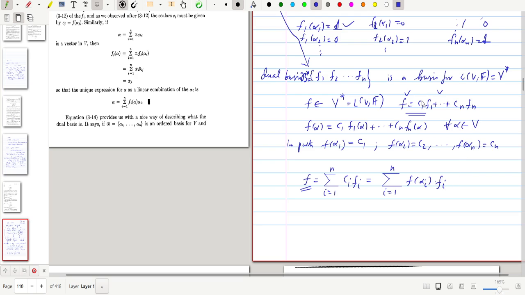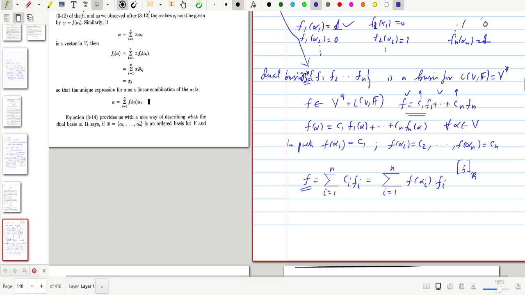Okay, so what we call these ci's: this f can be written as a linear combination of elements of B star. Then the coefficients are termed as the coordinates of that element. So this c1, c2, etc. If you write the coordinates of f, which is an element of some vector space, say V star, then what are the coordinates of f relative to the basis B star? That is nothing but c1 etc. cn.